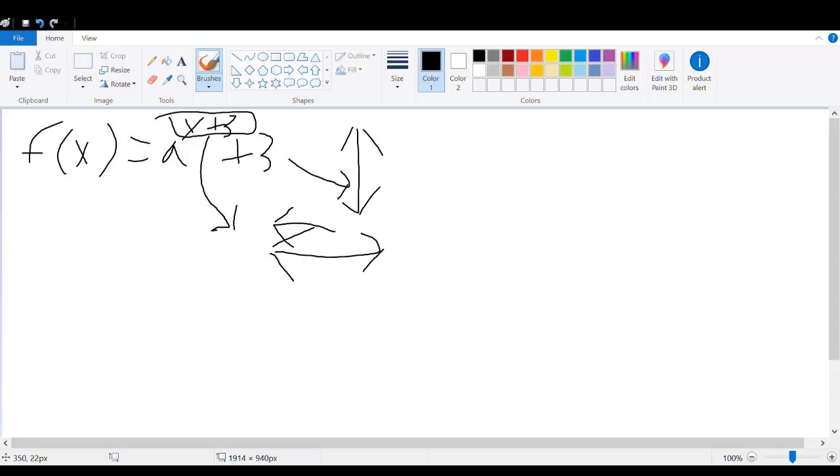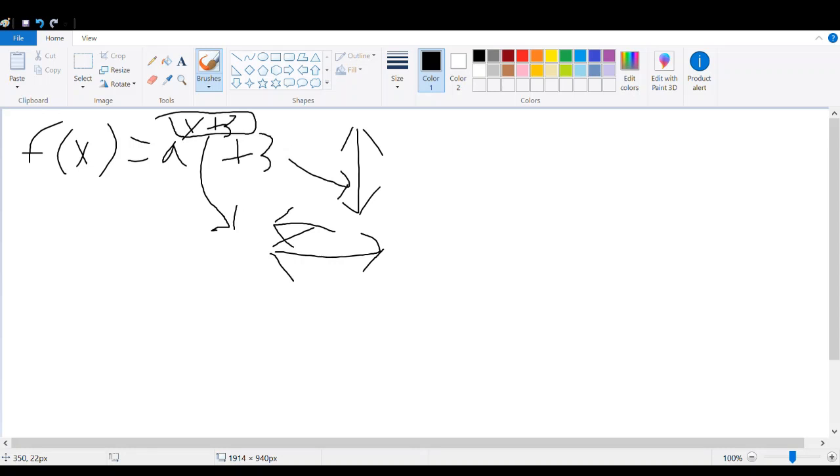Basically we're just seeing what we'd have to do if x plus 3 was on its own. We're seeing what we'd have to do to get it all on one side of the equation where x equals that, and we would have to subtract 3. So it's really minus 3 instead of positive 3. And so those are the translations.